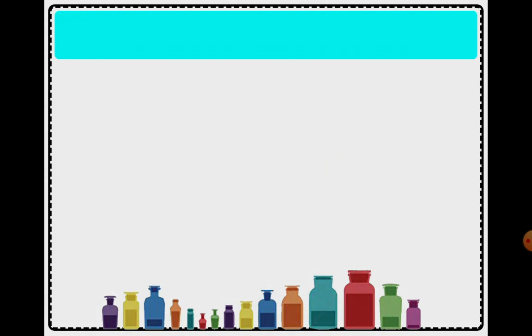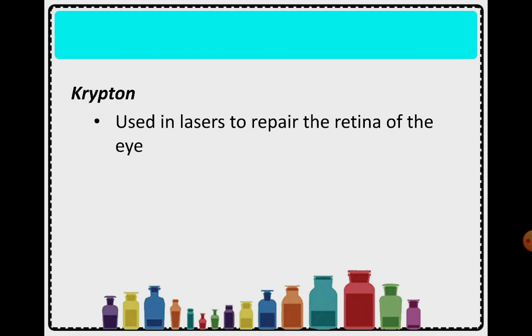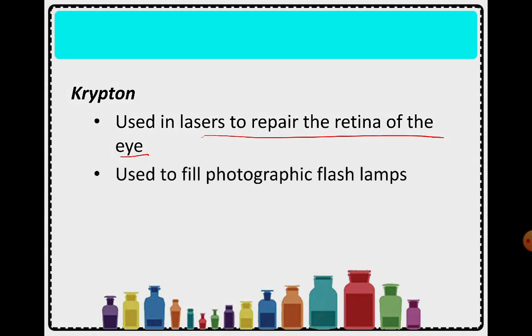So lebih selamat lah. Okay, krypton apa digunanya? Used in laser to repair the retina of the eyes. Laser tu, kita buat LASIK pada mata. Used to fill photographic flash lamps. Dulu lampu lama-lama ada flash kan. So dia gunakan dalam tu.